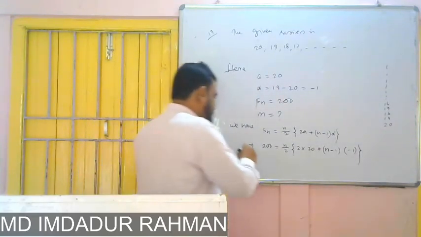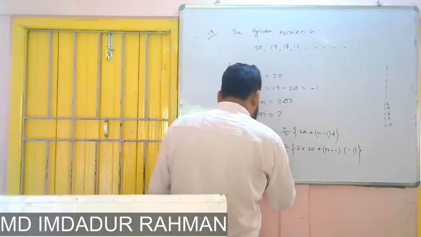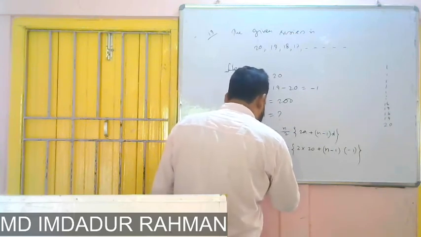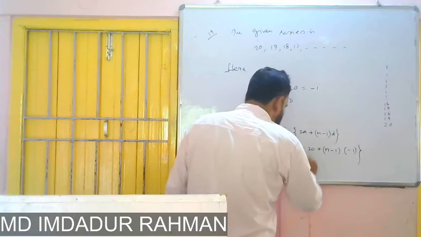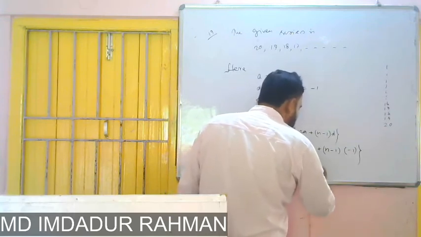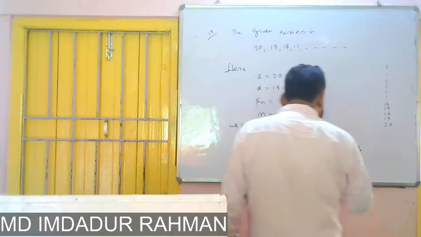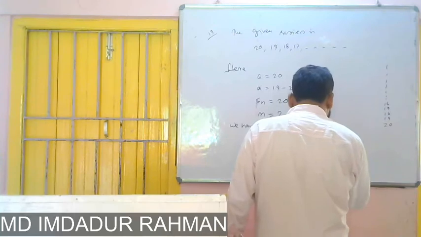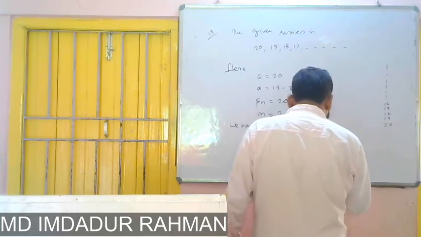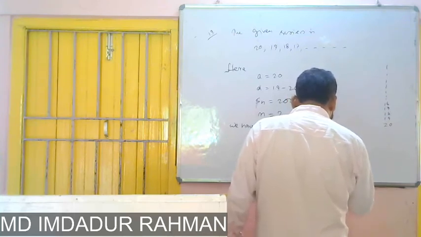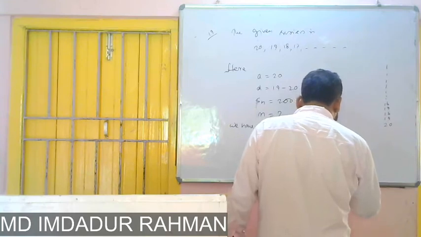Okay. Now you see this 2 will become here 400 is equal to n into 40 plus n minus 1 into minus 1.